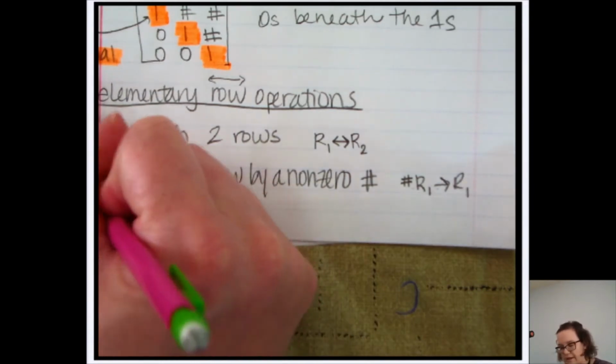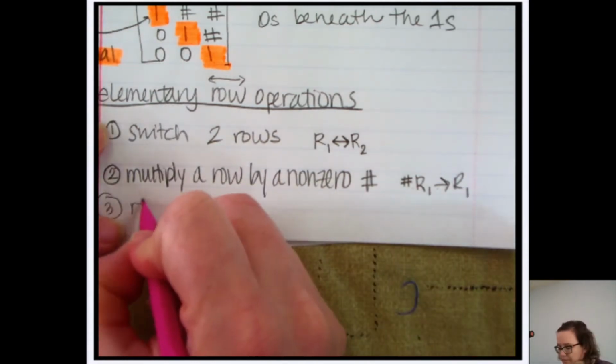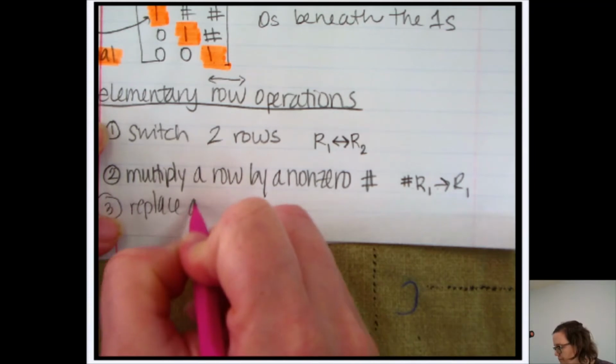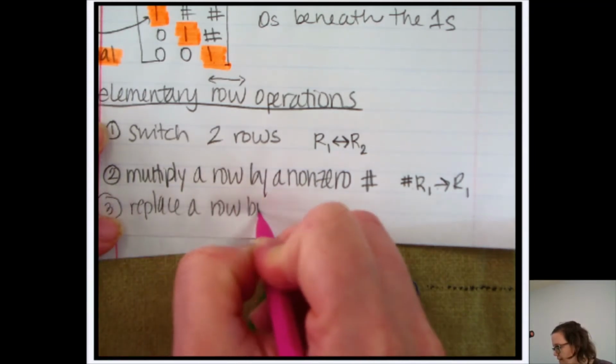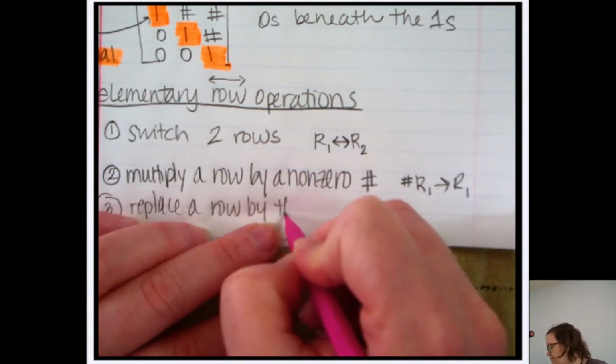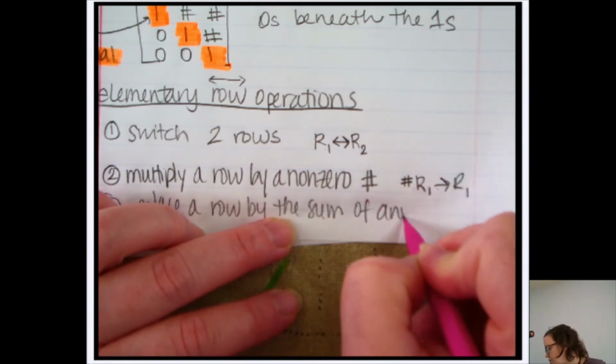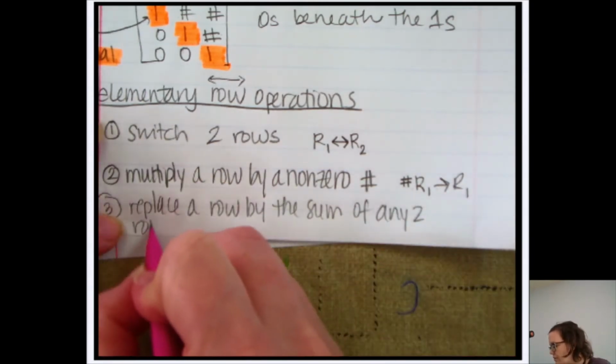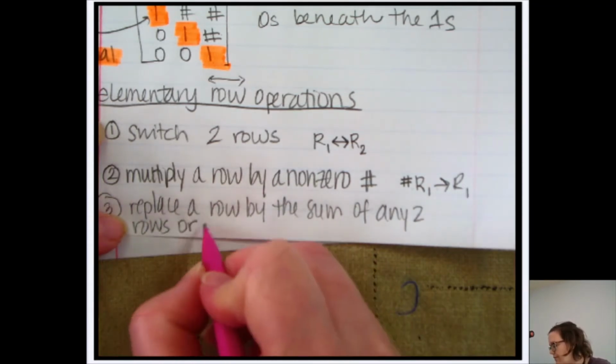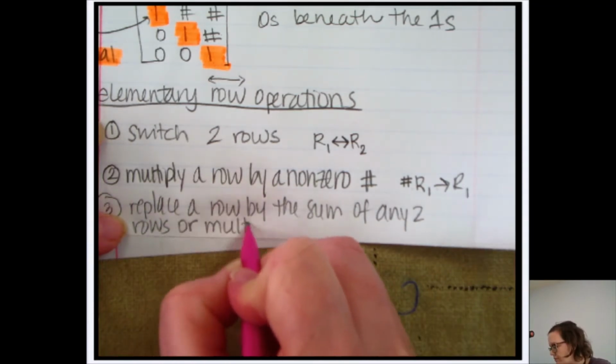And then you can replace a row by the sum of any two rows or multiples of rows.